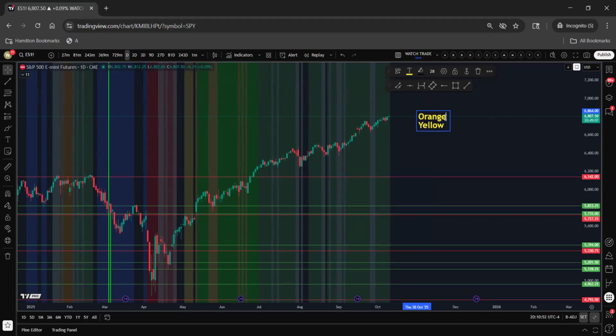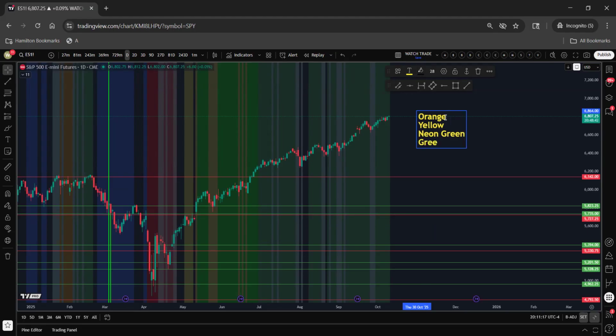The next color is going to be neon green. And I chose neon green because this is the first confirmed bullish entry. This is when you want to enter a trade if you haven't gone in with the yellow color or the orange color, if you want to wait for the first confirmed start of bullishness.